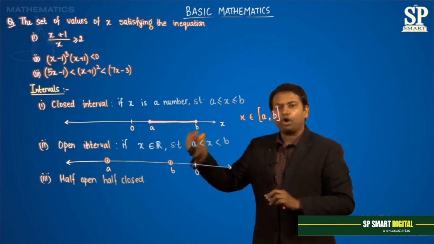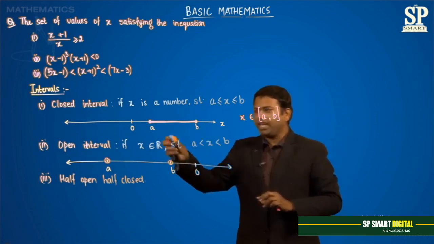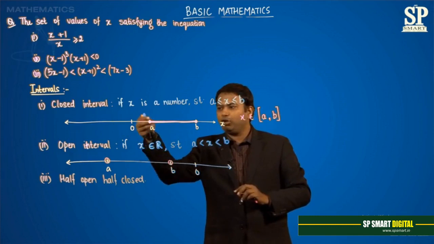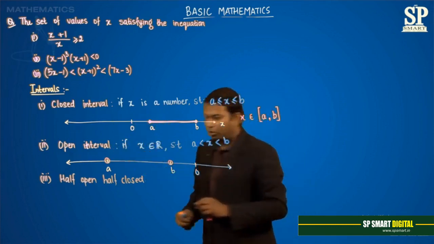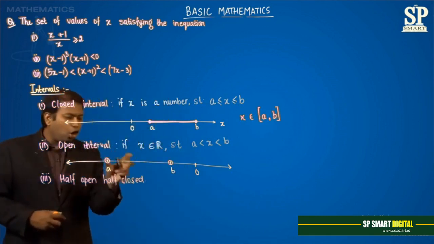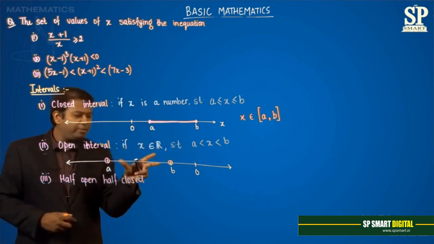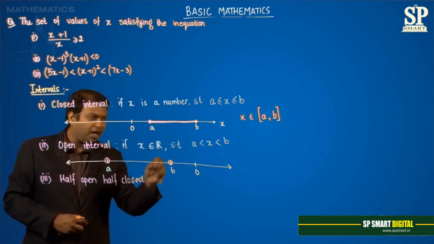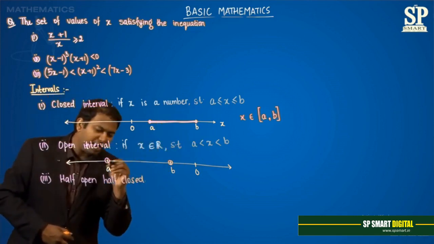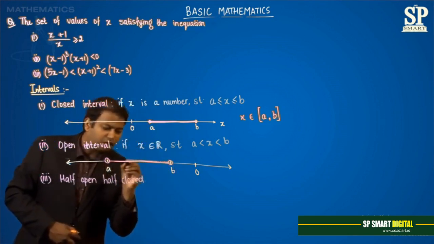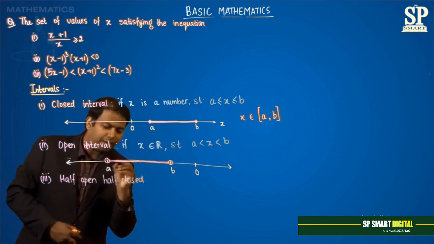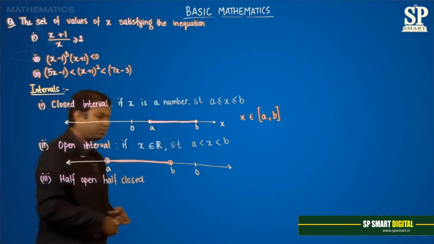So that is a hollow circle. In the case of the closed interval, we had a solid circle; here we have a hollow circle. Now since all other values between A and B are the solution set, we again highlight the portion in between A and B. So that is how the solution set of x is represented on a number line.